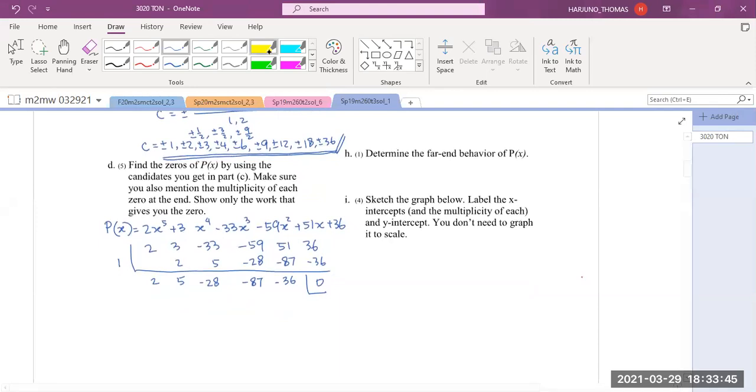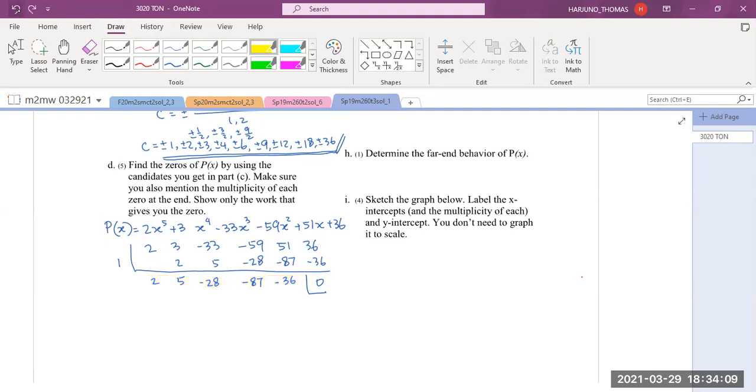Okay, now when I add the coefficients again, that's negative. Because the sum of the coefficients is negative, 1 is not another zero.